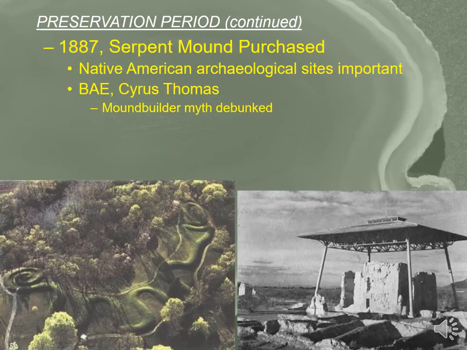In 1887, the first archaeological site was purchased by the United States government, and what this said was that the Native American archaeological sites were important for United States history as well. The Bureau of American Ethnology, led by Cyrus Thomas, debunked a myth that the mounds were created by all kinds of other people but Native American people in the United States.